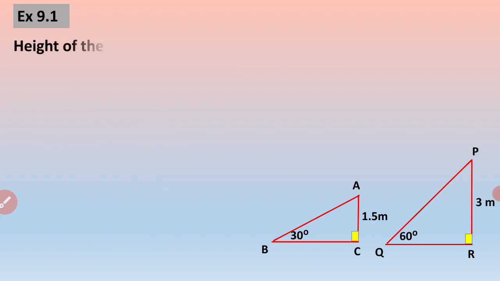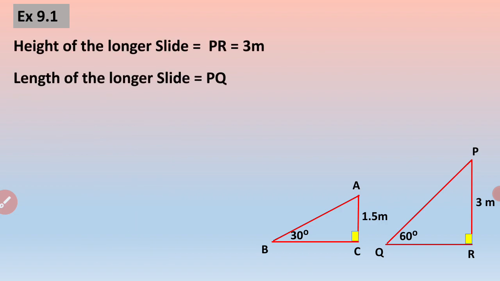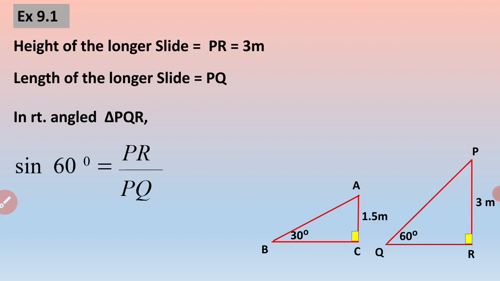Next, the similar thing can be done in the other triangle. PR is the height and PQ is the length of the slide. Again, in this right angle triangle, I am going to use sine 60 because PR is one known side and PQ is the one I have to find.